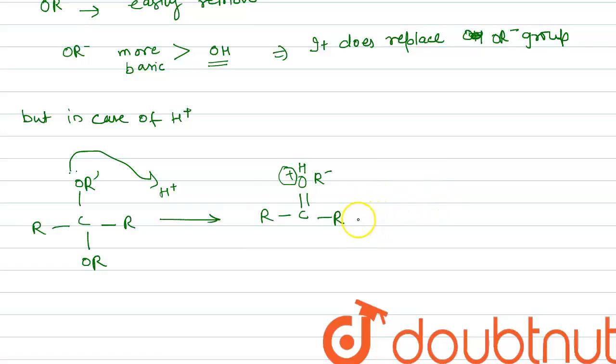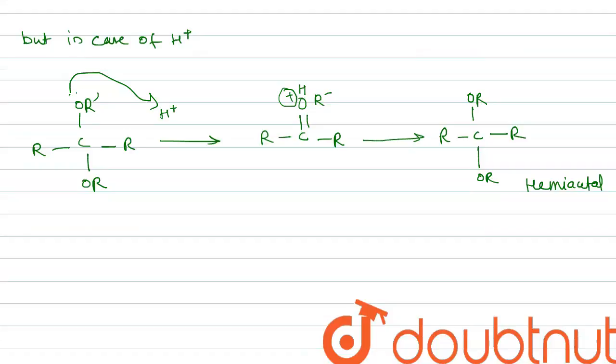Then it forms the hemiacetal. Here is the formation of hemiacetal, and this hemiacetal again reacts with H plus on this oxygen. So what does it form?